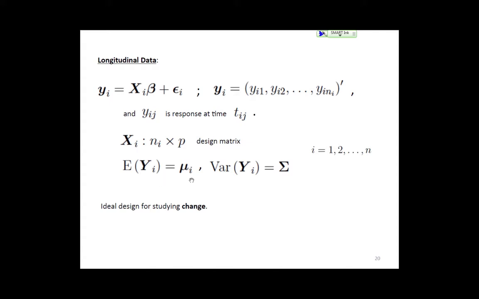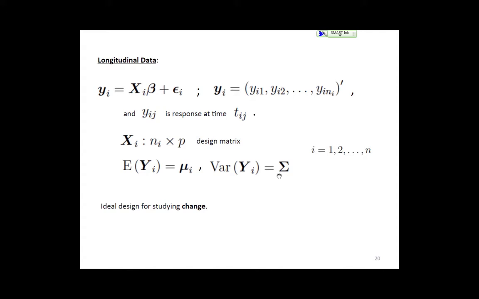According to our model, we're going to say that the mean is equal to some mean vector, mu I, and the variance covariance is equal to something, call it sigma. So this is where we are allowing for correlation between repeat observations on the same individual. But backing up to the top of the slide, we're just doing regression.